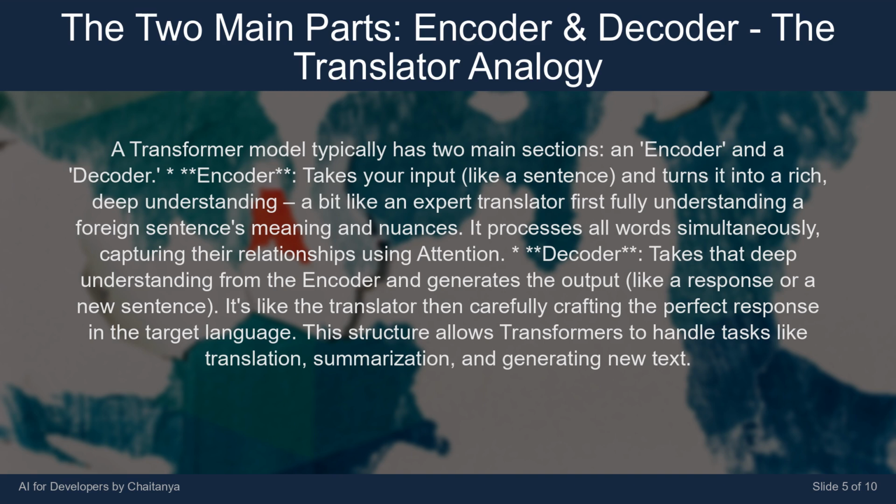The decoder takes that deep understanding from the encoder and generates the output, like a response or a new sentence. It's like the translator then carefully crafting the perfect response in the target language. This structure allows transformers to handle tasks like translation, summarization, and generating new text.